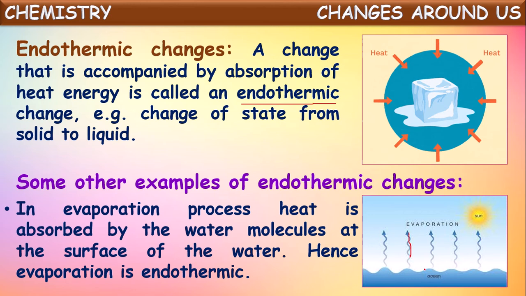While converting from liquid state to gaseous state, they absorb heat energy from the surroundings. So we can say evaporation is done by absorbing heat energy from the sun. That's why evaporation is an endothermic process.